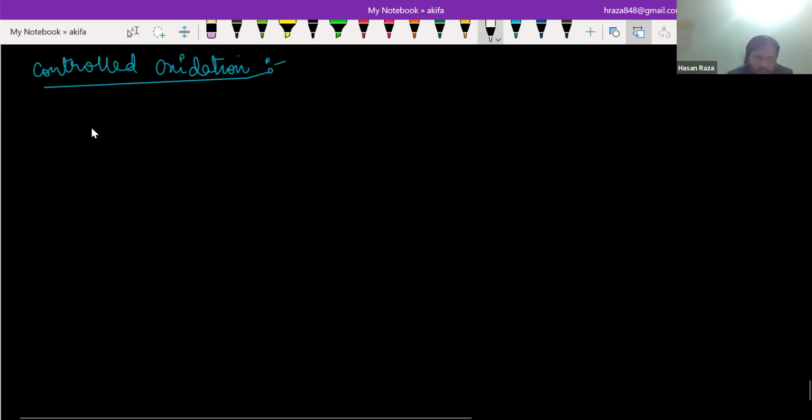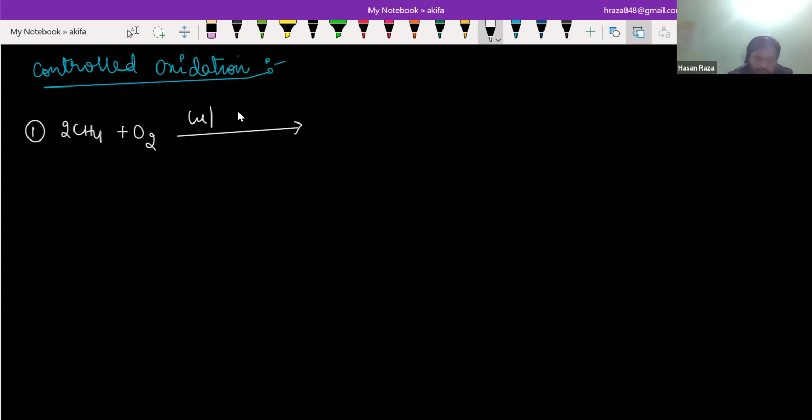In controlled oxidation, 2 moles of CH4 will react with O2 in the presence of copper at 523 Kelvin and 100 atm pressure, and it will oxidize to alcohol. Methane is converted into methanol.